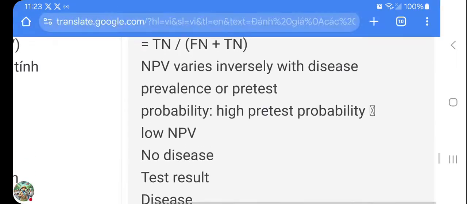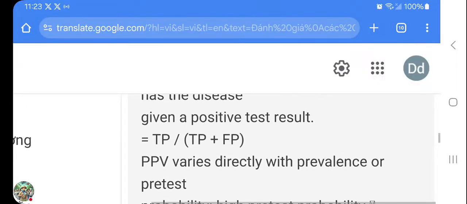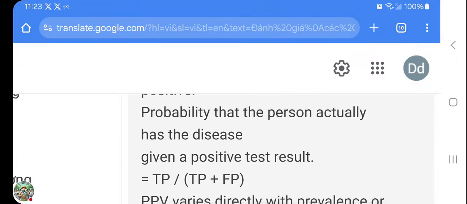Now we talk about the formula. PPV is the positive predictive value. We talk about the row, the row which is square number 1 and square number 2. So PPV equals TP, which is true positive, over true positive plus false positive.